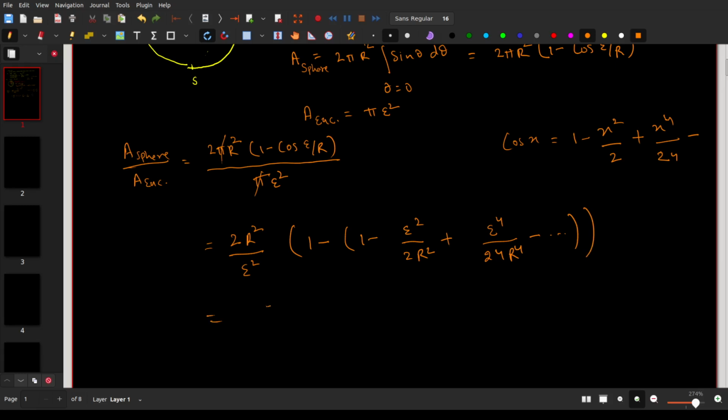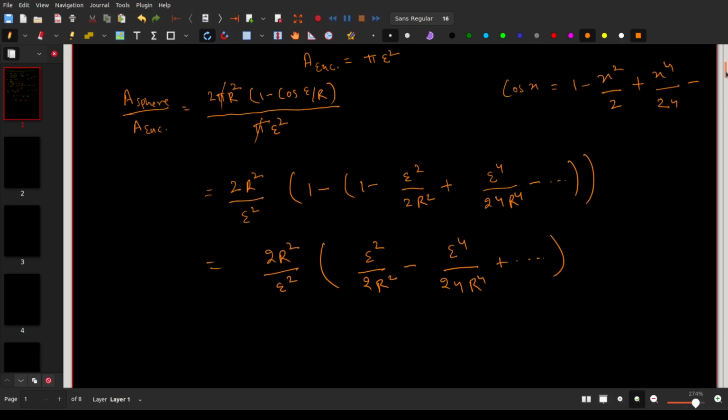So we will have 2 r square by epsilon square times the bracket. The 1 will be cancelled by this one, so we'll be left with epsilon square by 2r square minus epsilon to the 4 by 24 r to the 4, and then higher order terms.